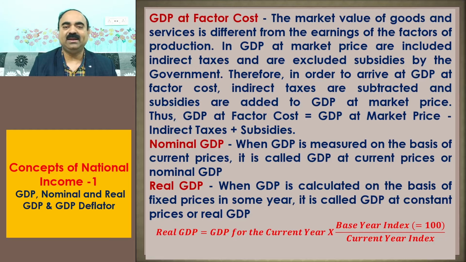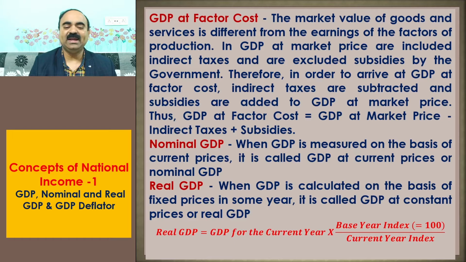Nominal GDP. When GDP is measured on the basis of current prices, it is called GDP at current prices or nominal GDP. Real GDP. When GDP is calculated on the basis of fixed prices in some year, it is called GDP at constant prices or real GDP.